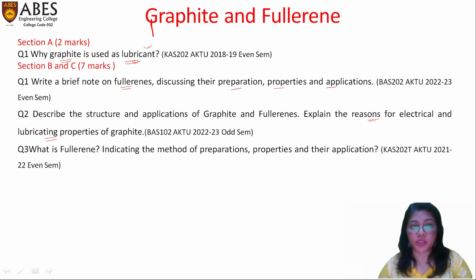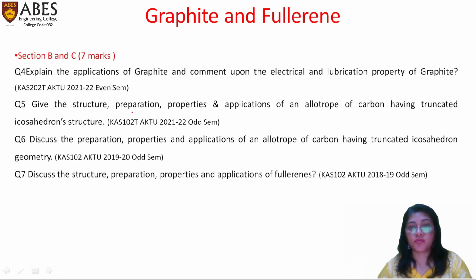Question number 3 is again a repeat of question number 1, so we explain it similarly. Question number 4 is again a repeat, asking for the application of graphite and the electrical and lubricant properties of graphite.